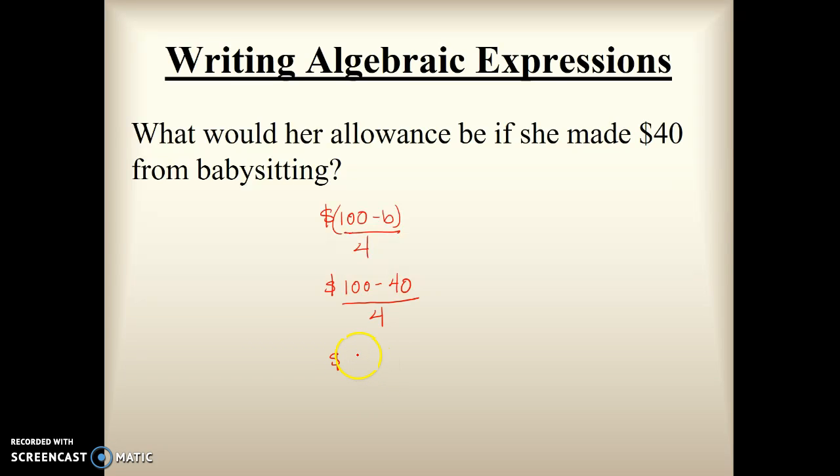So 100 minus 40 is 60. Divide that by 4. And of course our answer, we divide 60 by 4, would be $15. So that is Bella's weekly allowance.